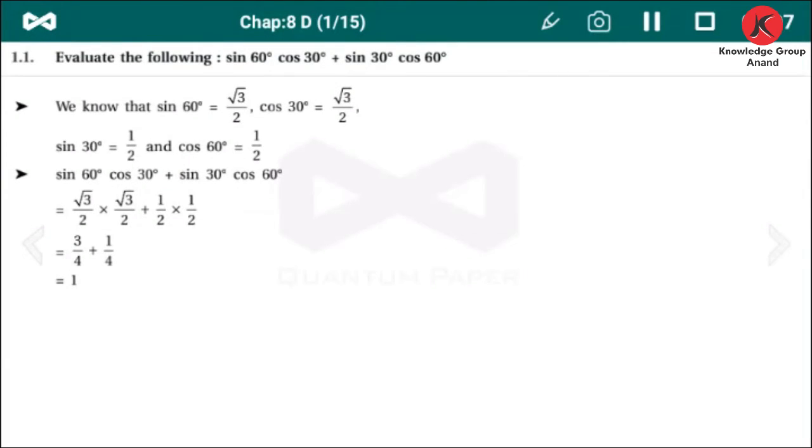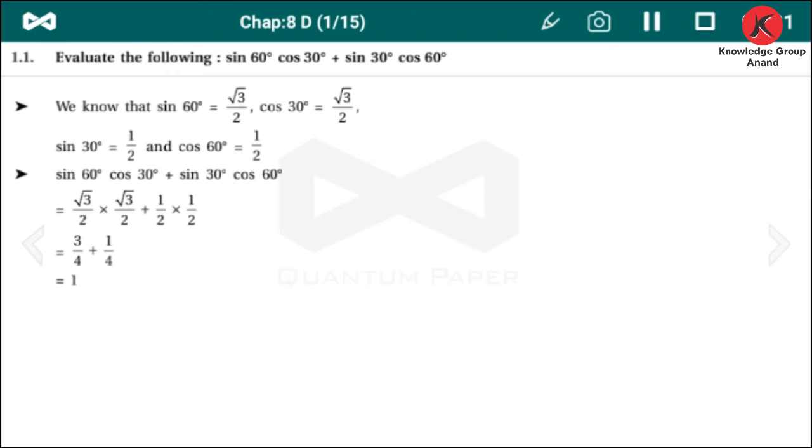Exercise 8.2, question number 1. Evaluate the following: sine 60 into cos 30 plus sine 30 into cos 60. We know all the values. Sine 60 is equal to root 3 by 2, cos 30 is equal to root 3 by 2, sine 30 is equal to 1/2, and cos 60 is also equal to 1/2.